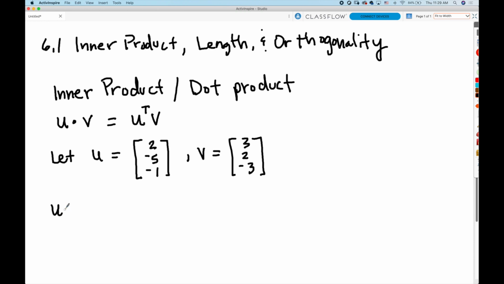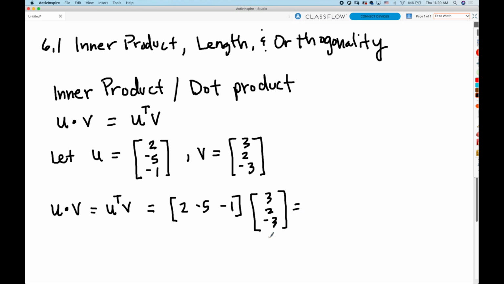Let's find U dot V. So we're going to find the dot product of U and V. Okay, so by definition, this is U transpose V, which is 2, -5, -1 times 3, 2, -3.